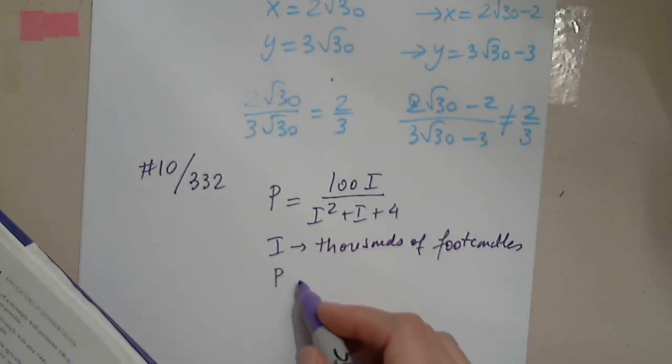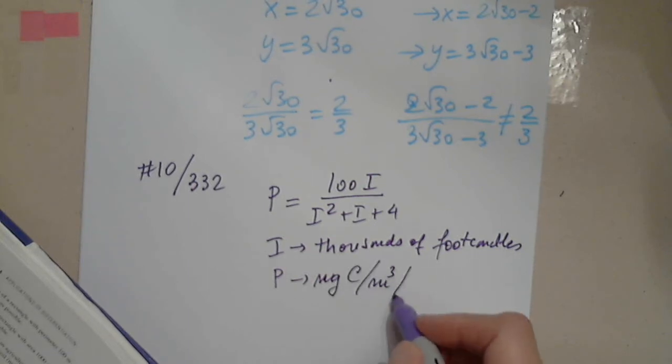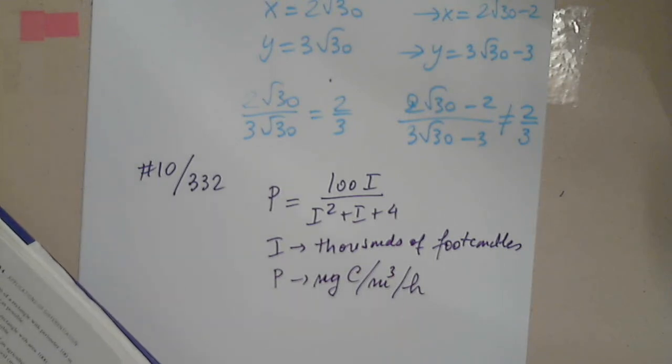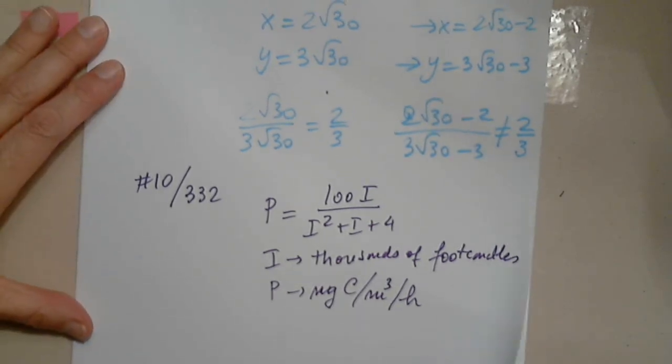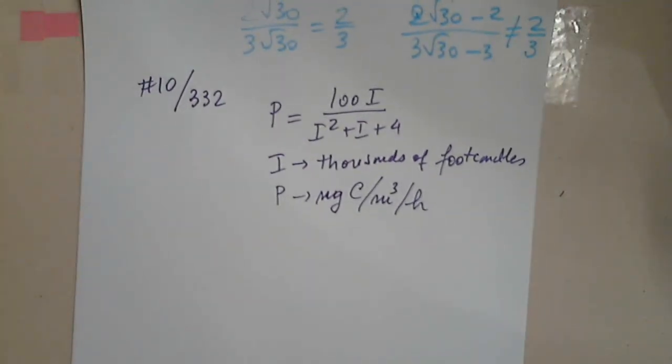And P is measured in milligrams of carbon per cubic meters and per hour. So for what light intensity is P a maximum? Okay. Not a difficult situation, I would say. It looks difficult, but I wouldn't say it is.